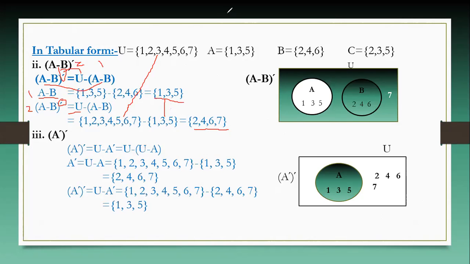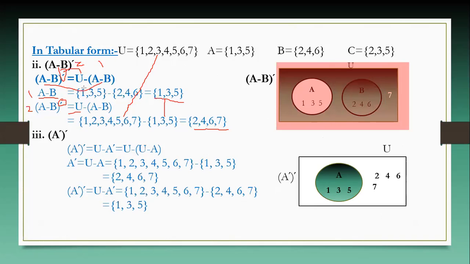You get this answer. How can I draw the Venn diagram for such type of question when 2 sets are there? First, draw a rectangle. Then 2 circles, A and B. That means I have to draw 2 circles. Now here you can see that sets A and B contain different elements.